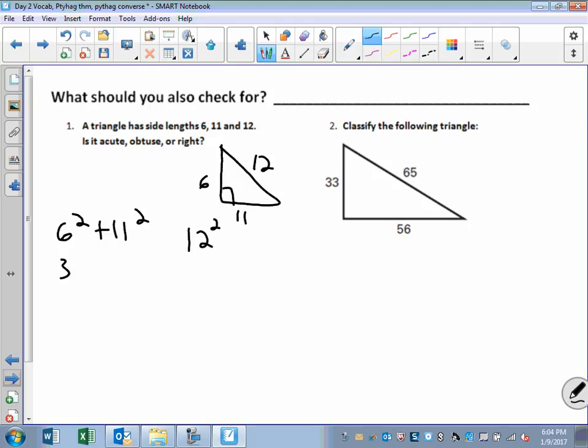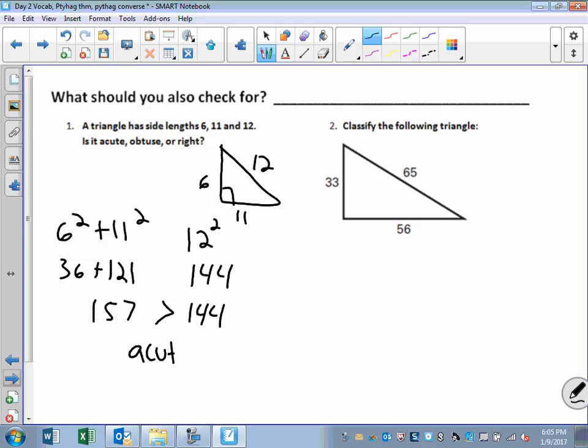So we got 36 plus 121, and then 12 squared is 144. 36 plus 121 is going to be 157, and that is bigger than 144. It's greater than, so we have an acute triangle, not a right triangle.